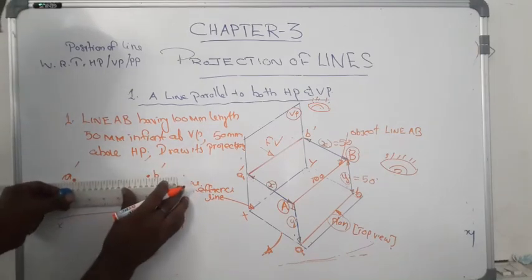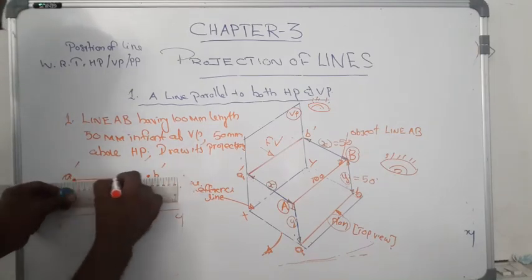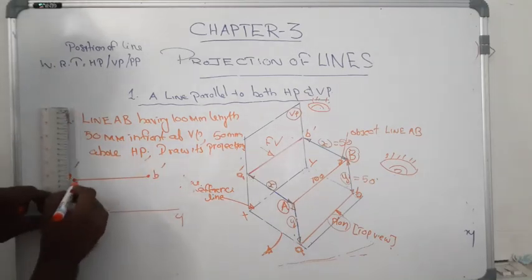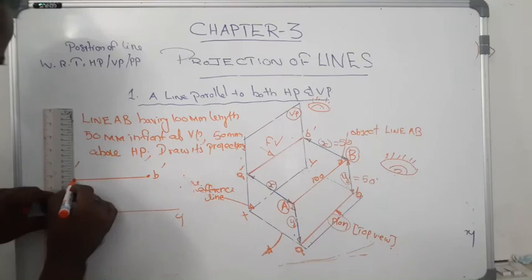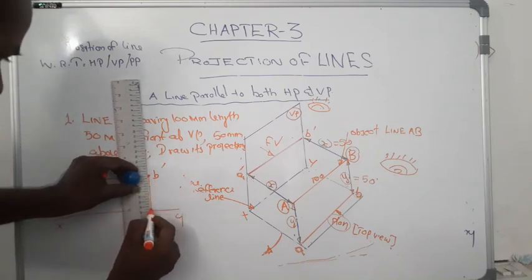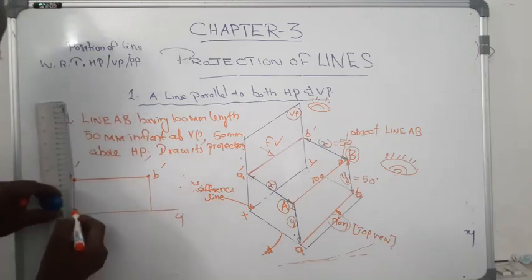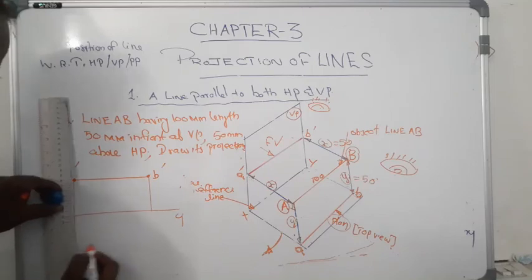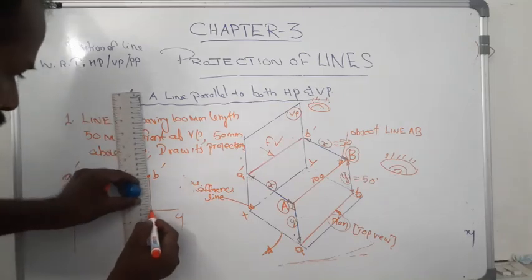Now we can join those two points by a straight line. Now draw a vertical projector from the point A dash towards the XY line. This is a vertical projector. That vertical projector is extended up to 50 mm below the XY line.